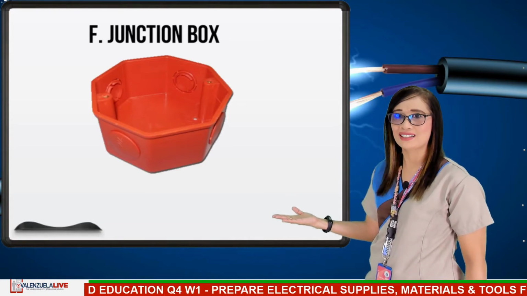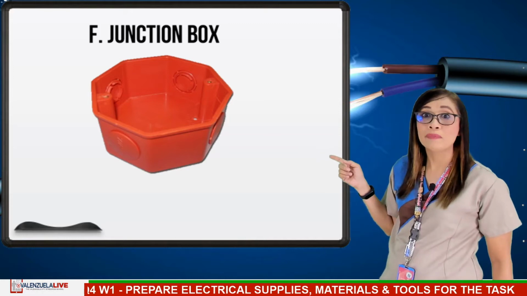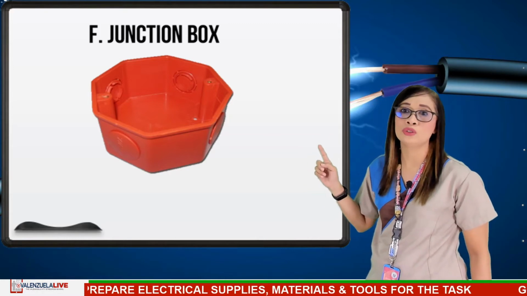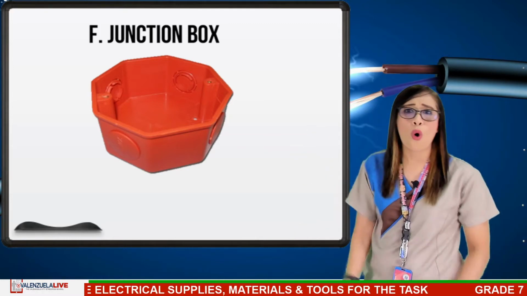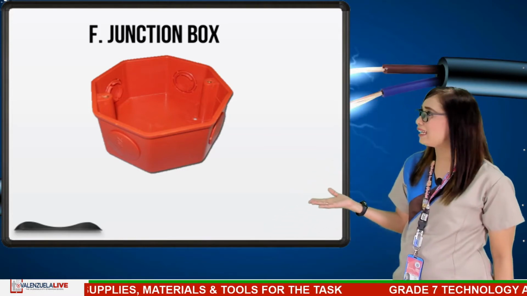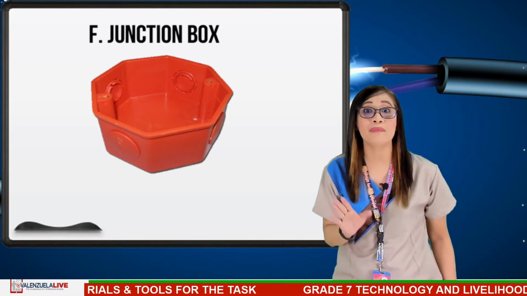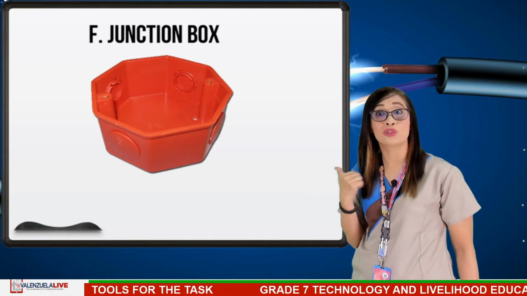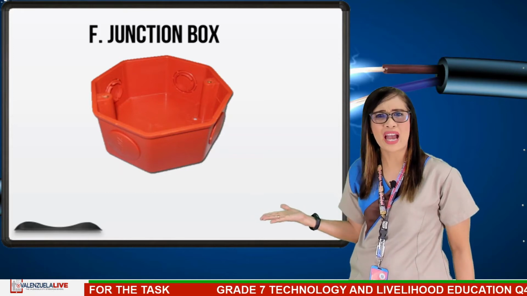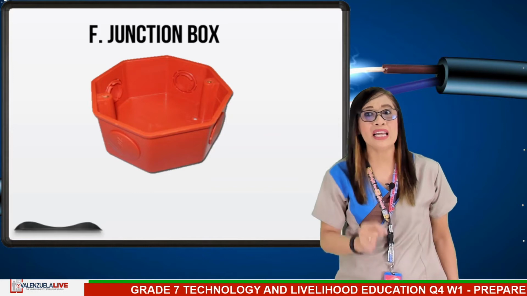Junction box. This is an octagonal shape electrical material where the connection or joints of wires are being done. It is also where the flush type lamp holder is attached to. This could be a metal or plastic. We call it PVC or polyvinyl chloride.